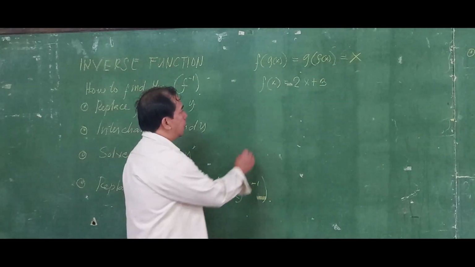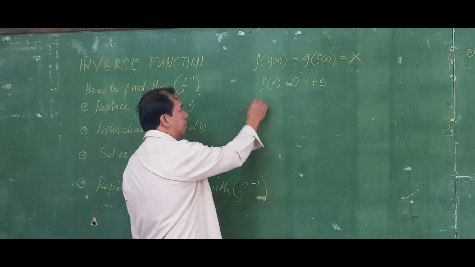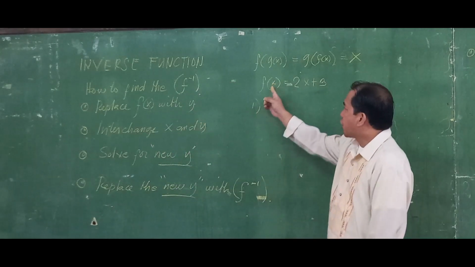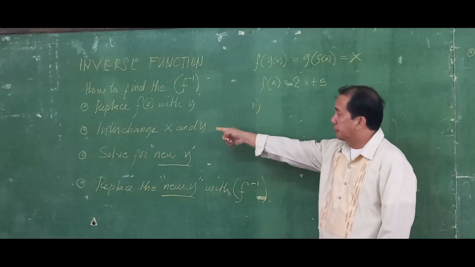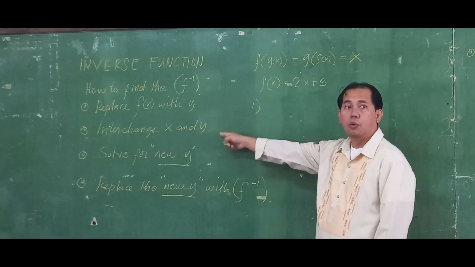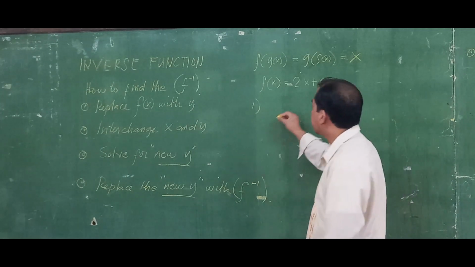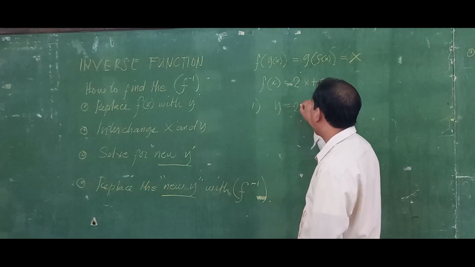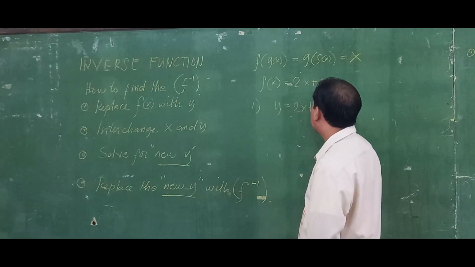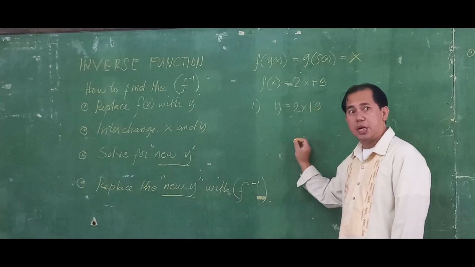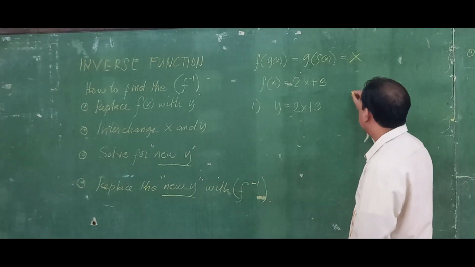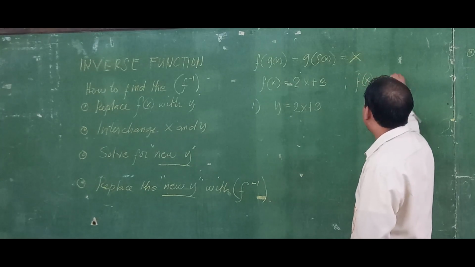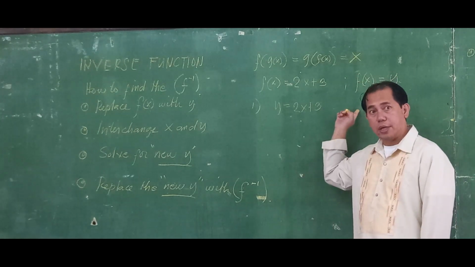So it says in here in step number 1, we change this f of x to what? y. So that is the same as y is equal to 2x plus 3. Remember, I told you last time that f of x is the same as y.